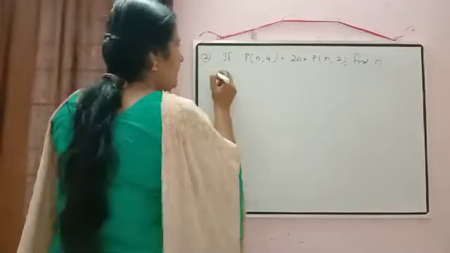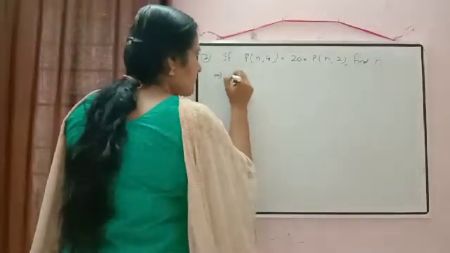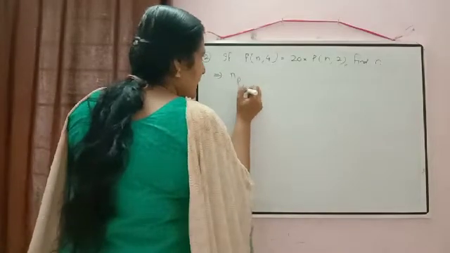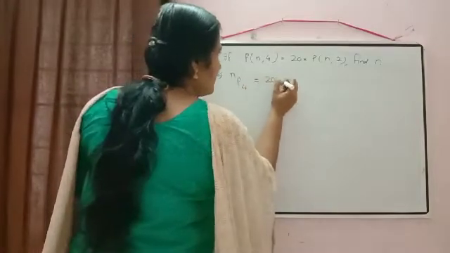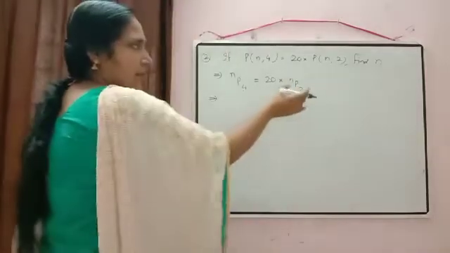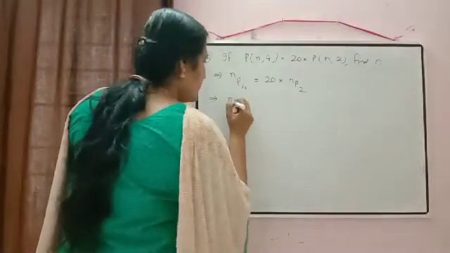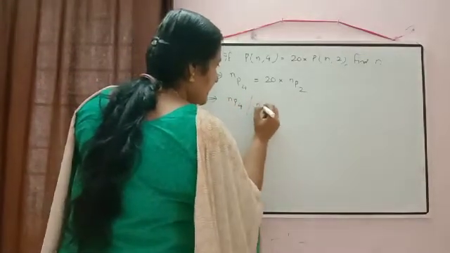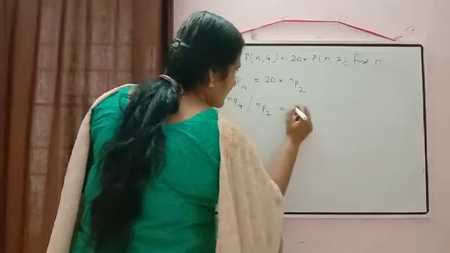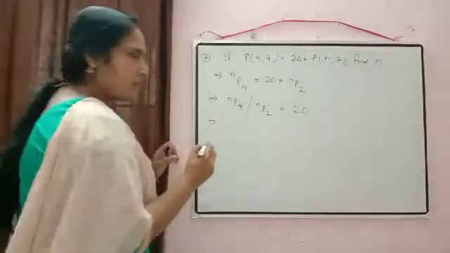If you have any problem writing it in this way, you can write as we are writing, because usually this is what we will use here. Here it is written nP4 is equal to 20 into nP2. So nP2 we will shift here to the left-hand side. Then it will be nP4 by nP2 is equal to 20. Now nP4, according to the formula, what will come?